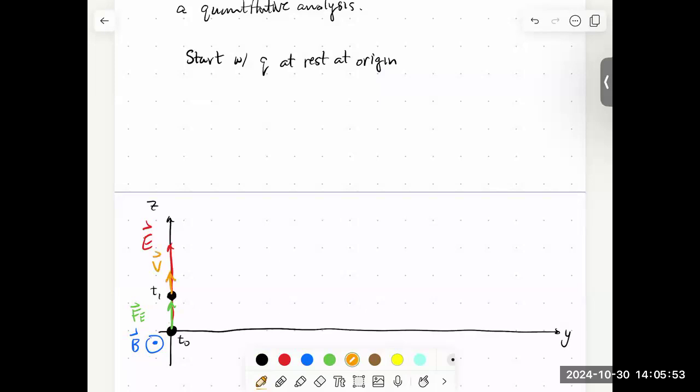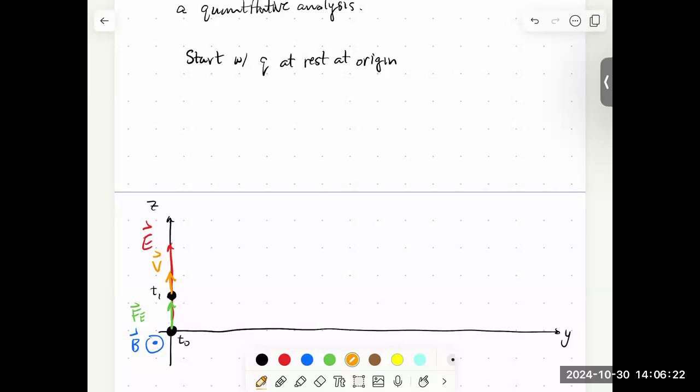All right. Now, throughout this entire analysis, since the electric field exerts a force that's just Q times E, the electric force is going to be constant all the time. That's never going to change. It's only the magnetic force that's going to be changing. So what direction will the magnetic force be in this case? The velocity is up and the magnetic field is coming out of the screen.